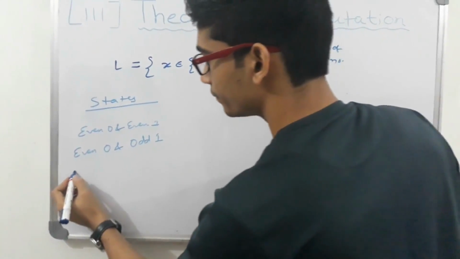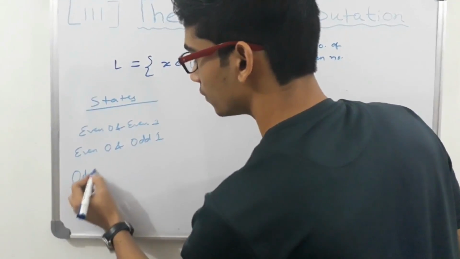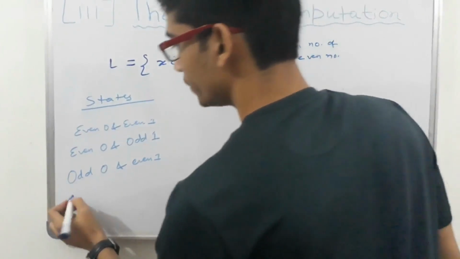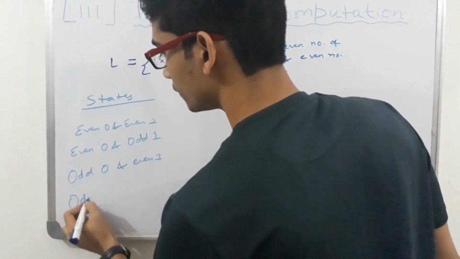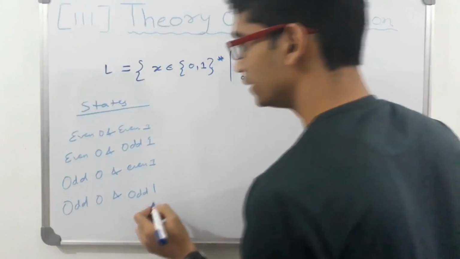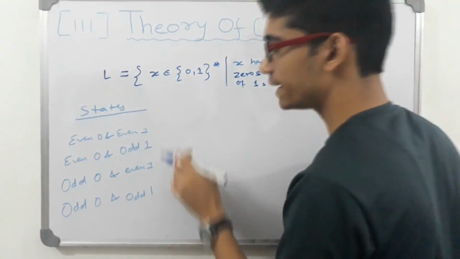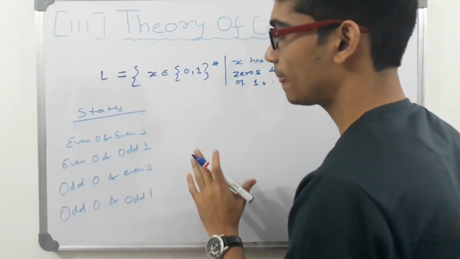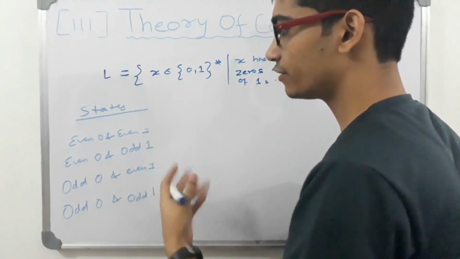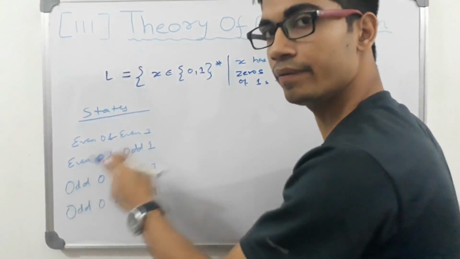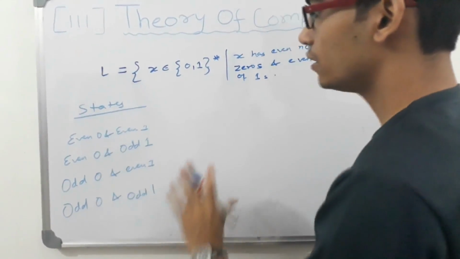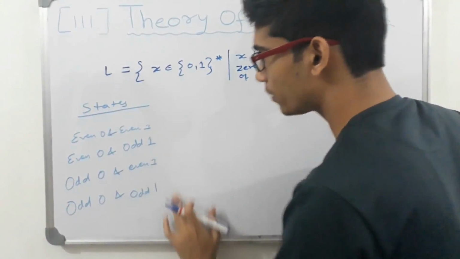We can have odd 0 and even 1. We can have odd 0 and odd 1. These are the 4 possible states that we think of, and we will change our state of mind among these only, flipping from one to another in any combination.